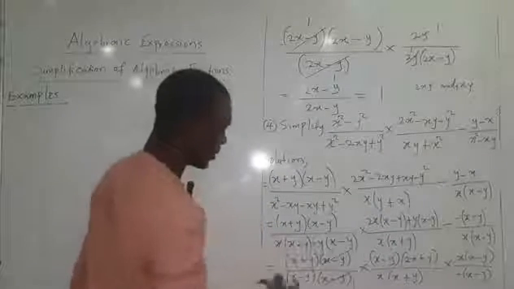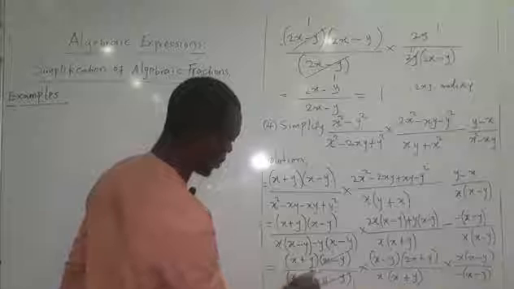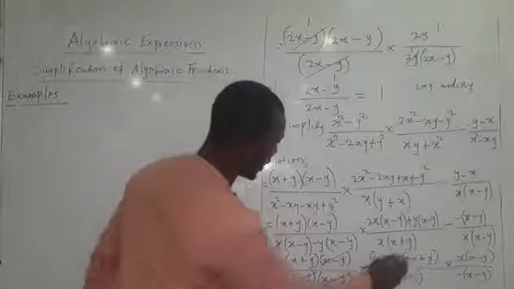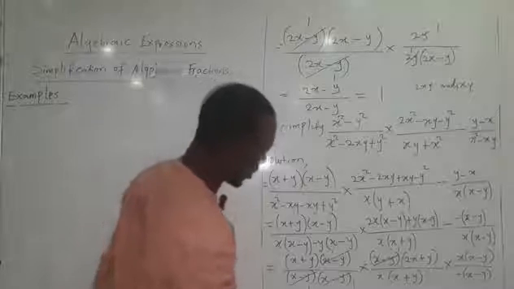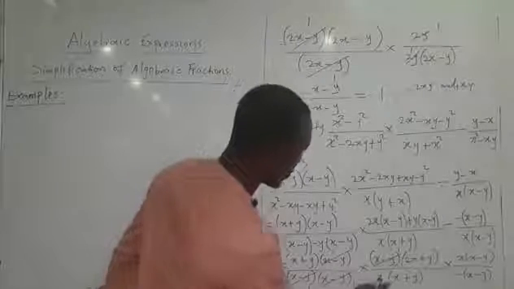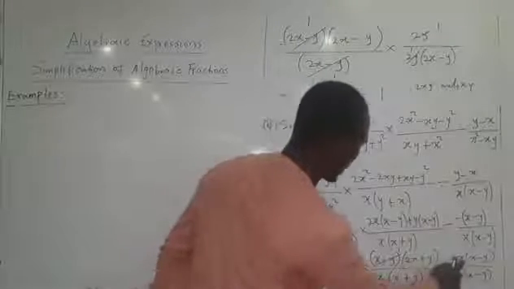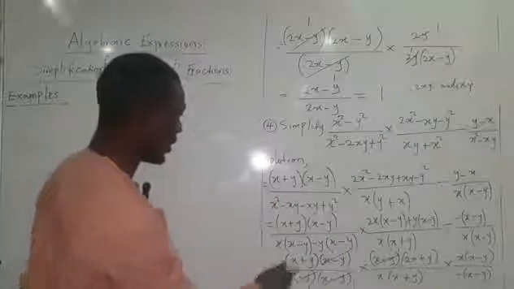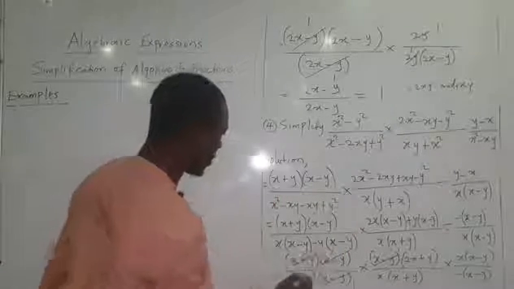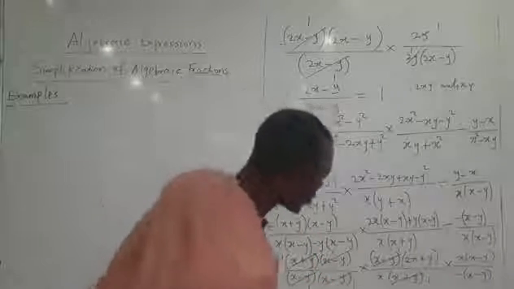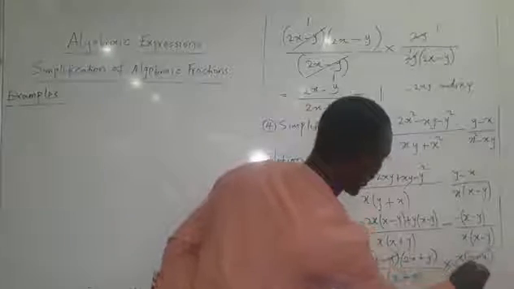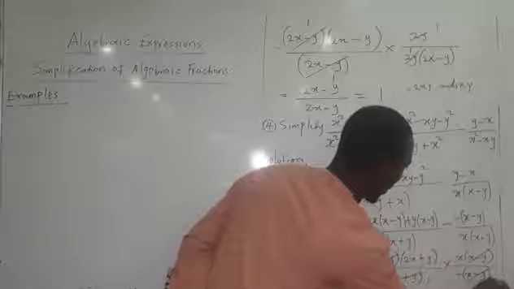So we are allowed to cut like that. So x minus y here, x minus y here, 1. So what again? We have x plus y and x plus y. So x plus y here, 1, x plus y here, 1. So the next thing is to cut x minus y, 1, x minus y.